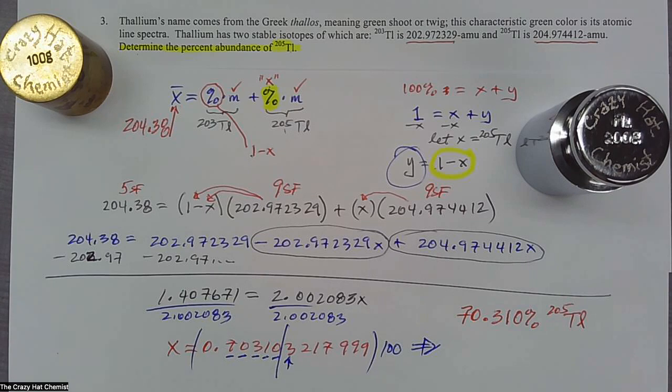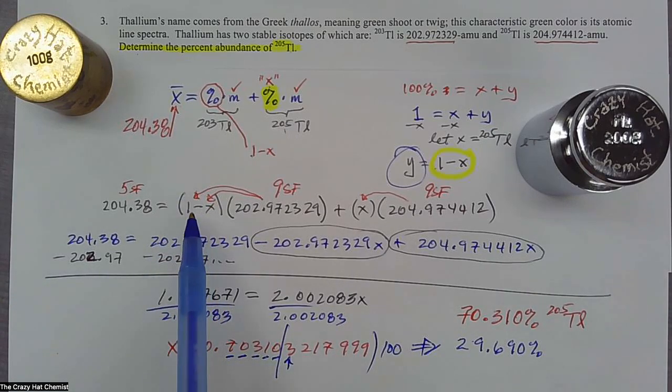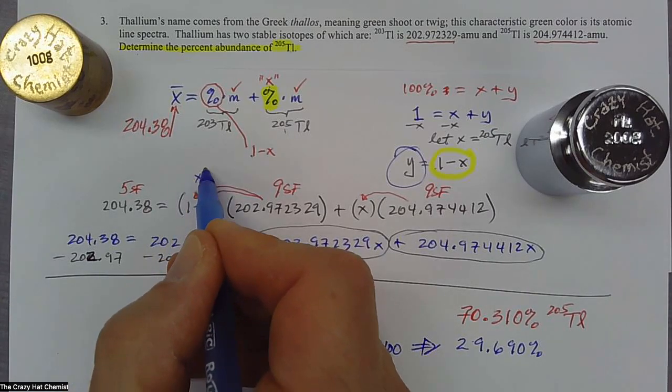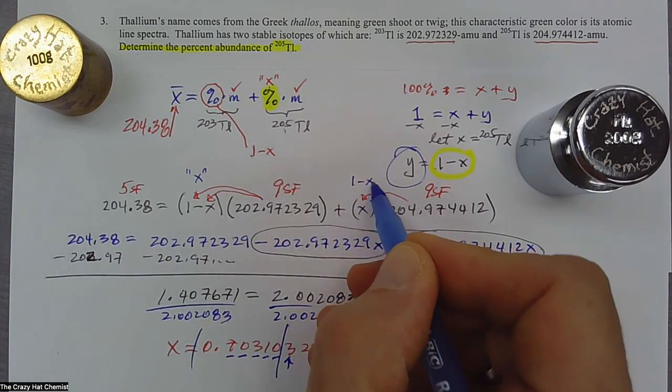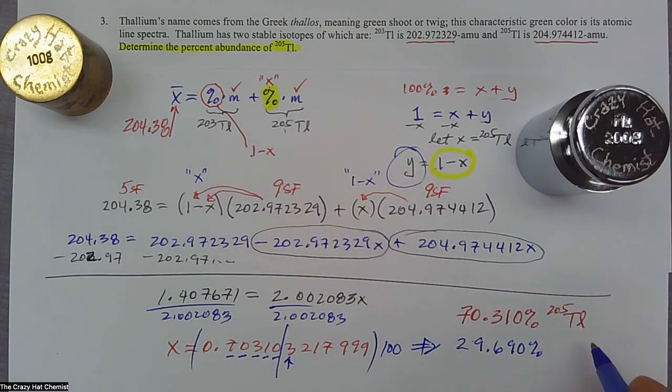So if you happen to get a different number and you're thinking, oh my gosh, I got it wrong, and this is a problem that many students have, then if you got the number 29.690, that means you set X incorrectly, and you did 1 minus X here, but you actually solved for thallium 203's percentage.